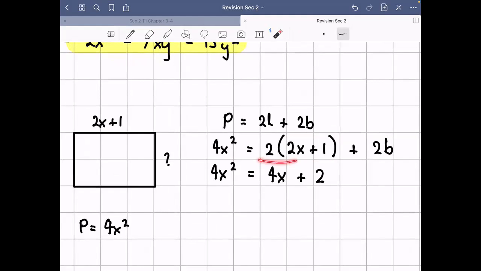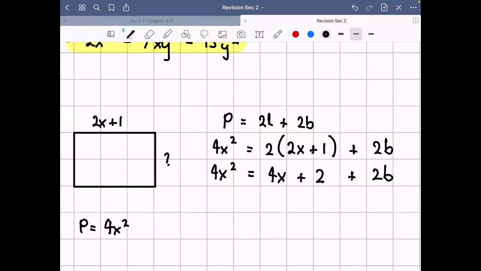Any question with this? It becomes 4x plus 2, right? So 2 times 2x equals 4x, and then 2 times 1 is 2, and then plus 2b. Now, if we're looking for 2b, we should put everything on the other side of the equal sign except for 2b.